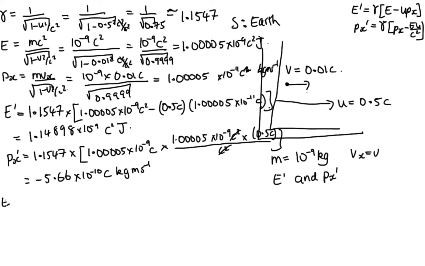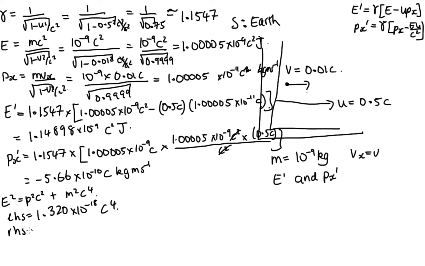Let's check that E squared is equal to p squared c squared plus m squared c to the 4. The left-hand side is equal to E squared, so that's 1.14898 times 10 to the minus 9 c squared, all squared. Calculating that, we get 1.320 times 10 to the minus 18 c to the 4.